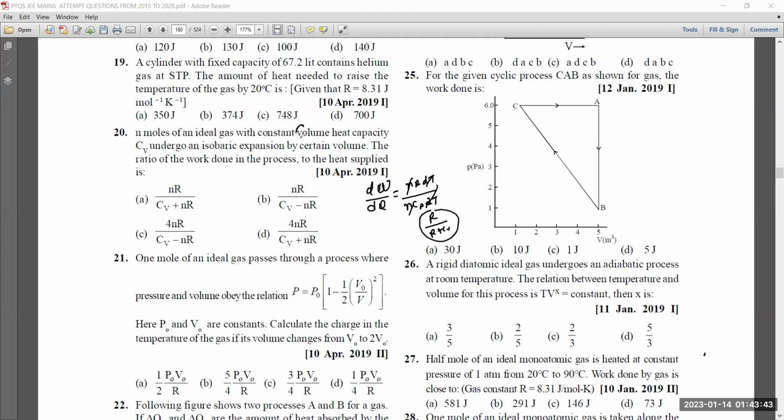Oh, this is interesting. It is volume heat capacity. This will be molar heat capacity at constant volume.